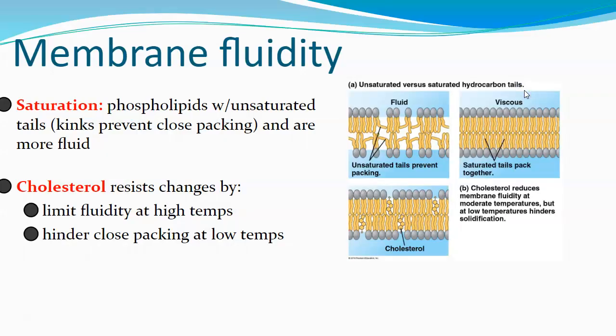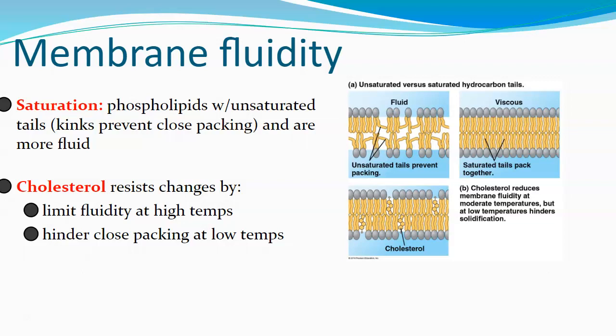Okay, so in terms of membrane fluidity, like I mentioned, the tails, as we've learned, we know the difference between saturated and unsaturated. Those kinks are just like in triglycerides: when they are unsaturated, we get liquid at room temperature, versus when it's saturated and they're solid at room temperature.